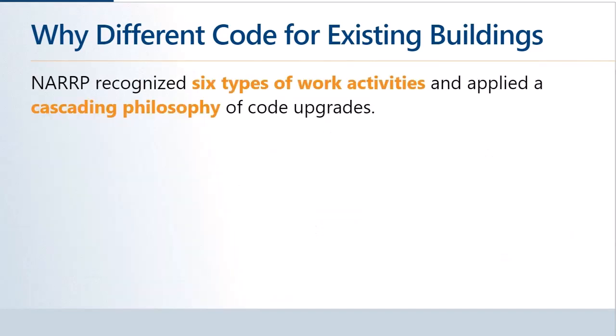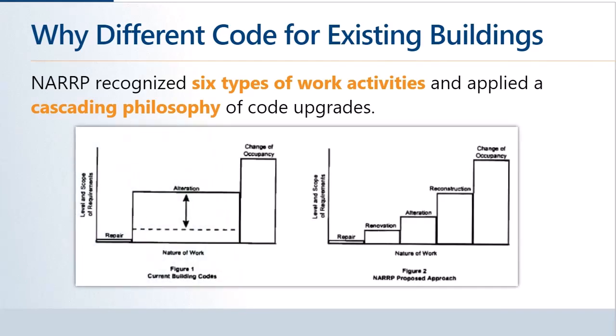And also, in addition, the NARP recognized 6 specific types of work activities, and it applied a cascading philosophy of code upgrades. This diagram taken from the NARP compares the then model codes, the BOCA, UBC, and the SPC, and how it used to treat, for example, alterations in the middle. It was a very unknown, from an alteration, boy, you could be changing a little, you could be changing a lot.